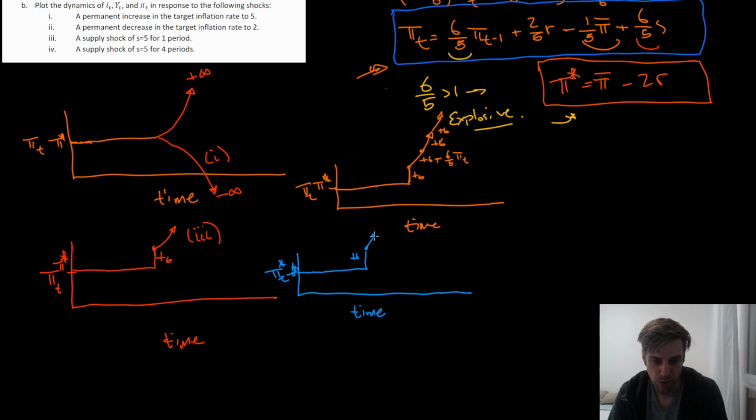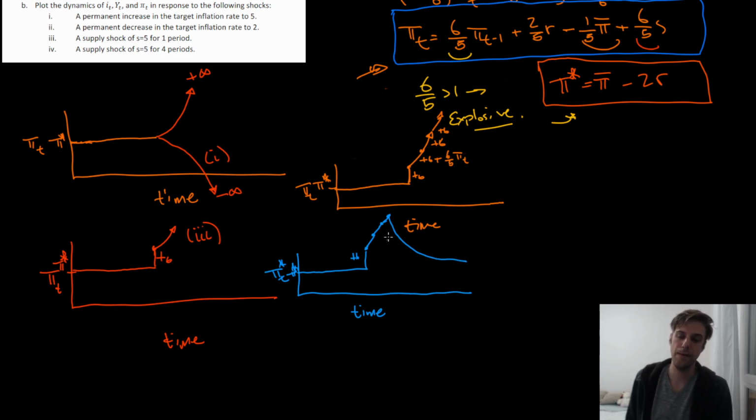If there were reconvergent behavior, we would start to reconverge from here. Maybe we would come back to this point, but there's not, because there's another shock of plus 6. So we would come to here, but then we add 6 more. So we come to, let's say, here instead. And we do that for 4 time steps, and then we get our reconvergent behavior. Okay, so that's just multiple positive shocks again and again and again.